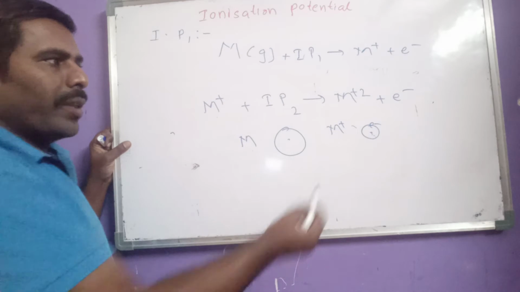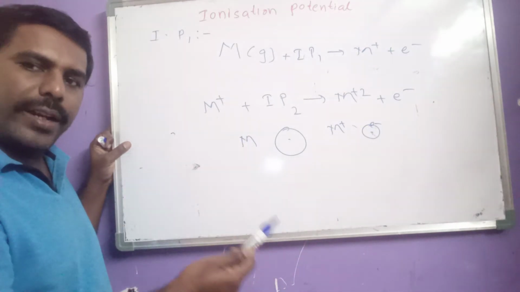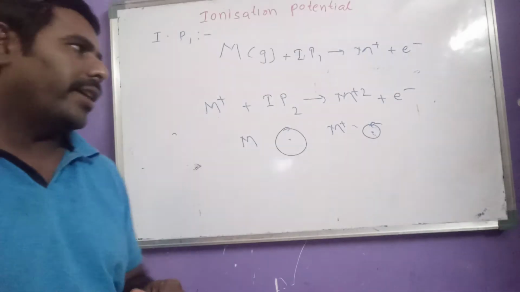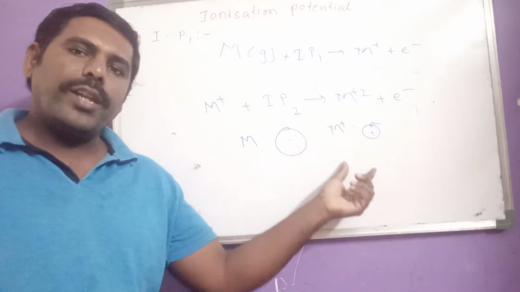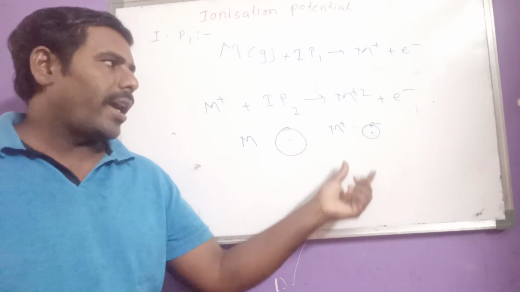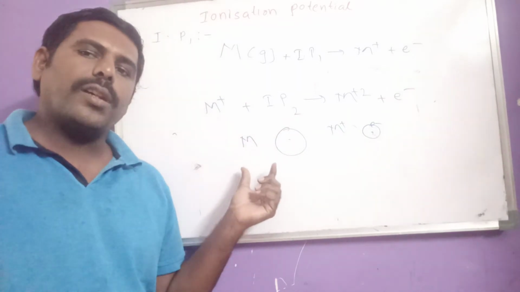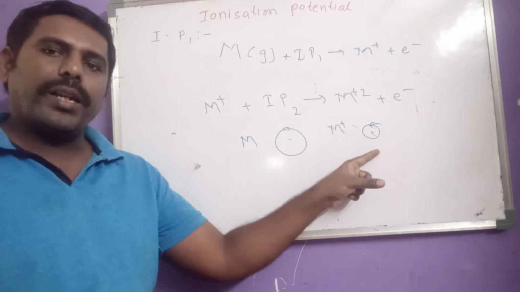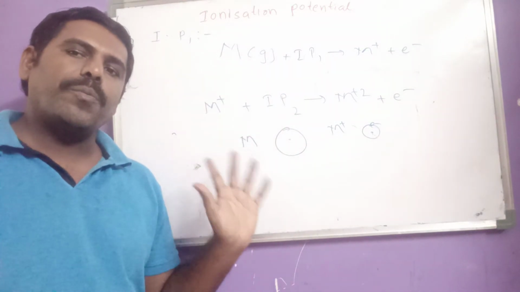So we have to give an extra amount of energy to remove that electron. As the unipositive cation has a smaller size compared with the neutral gaseous atom, second ionization potential is greater than first ionization potential.